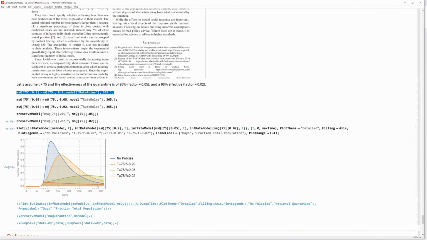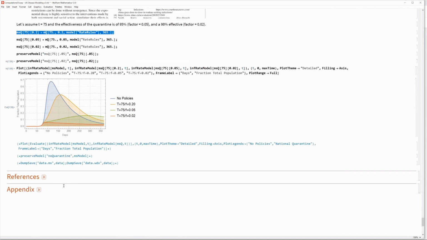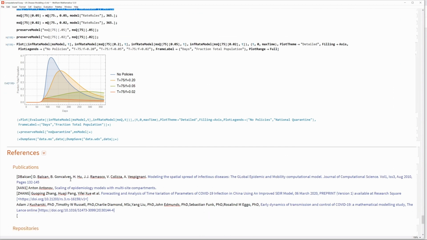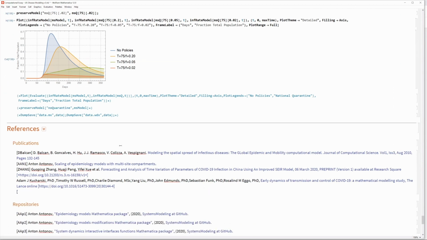Everybody's welcome to download this document or build something like this and see what the effects are if different values are applied. And for references, you will find in the document the papers that were used and other references that you might find interesting, to try the Wolfram Language at home or at work or wherever you want to use it.